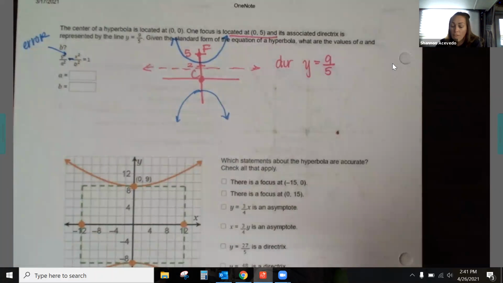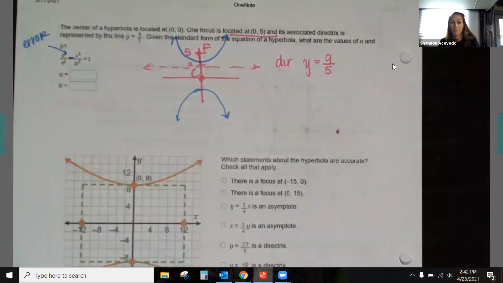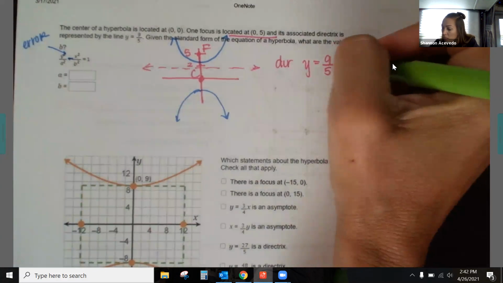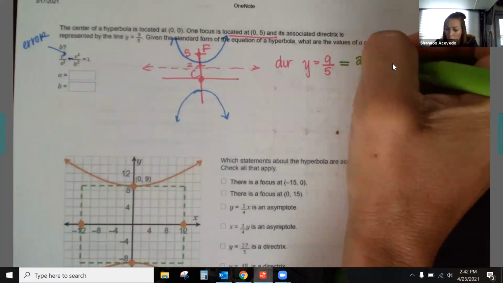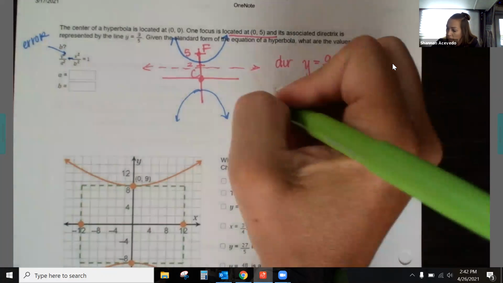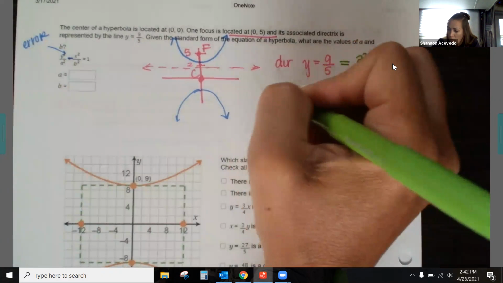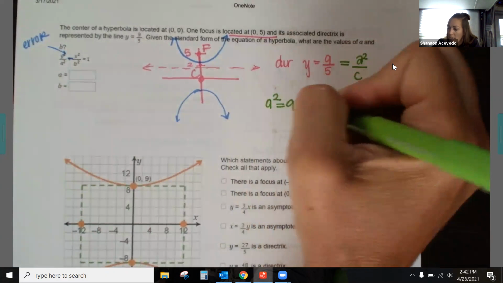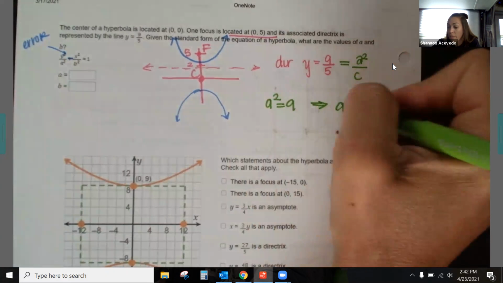Okay, so how do I figure out though what my A and B are? So here are the things that I know. I know that my directrix, we just saw this on that previous problem, is going to be A squared over my C value. So I know A squared is equal to 9, then that tells me that A has to be a value of 3.